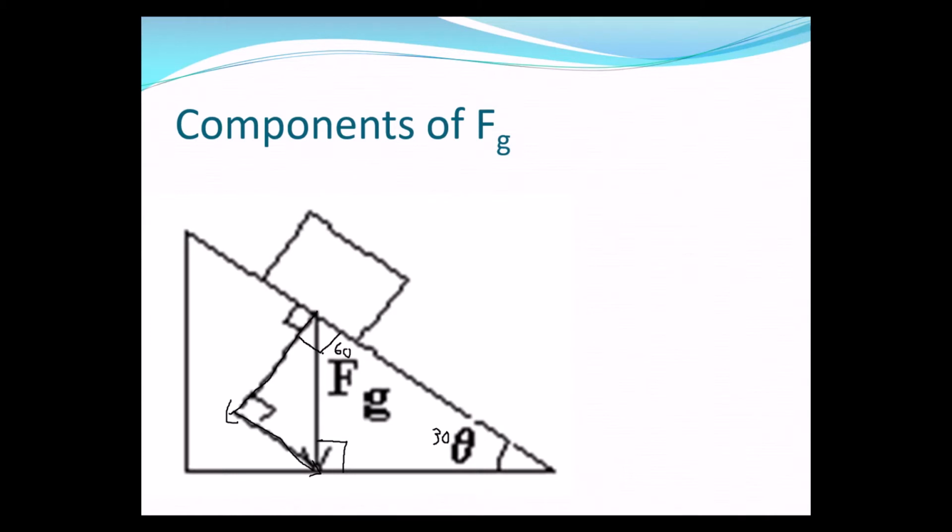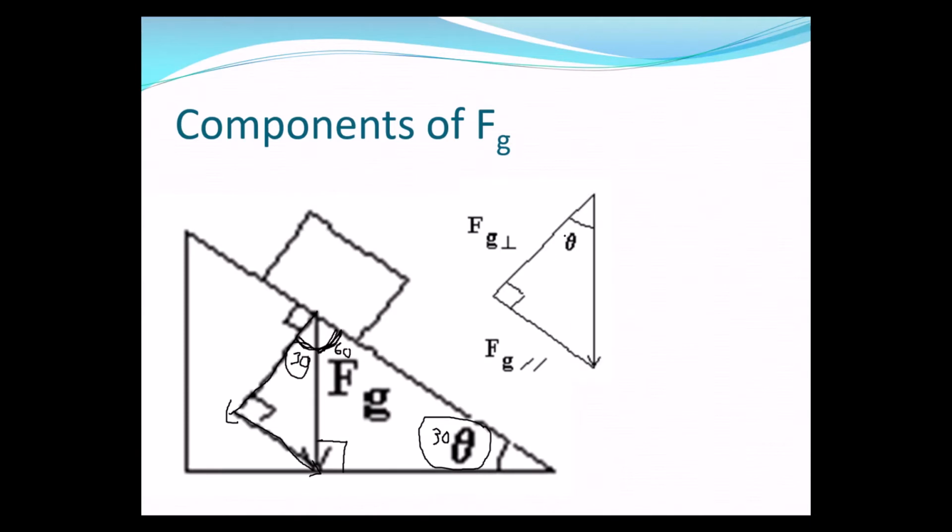And we know that this line makes 90 degrees, so if this is 60 right here, then this is 30 in here, which means that this angle and this angle are the same, right? So this angle is the same as this angle here. But I have a better way of helping you remember that.